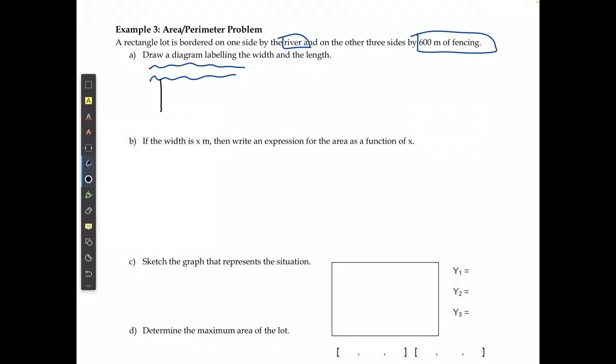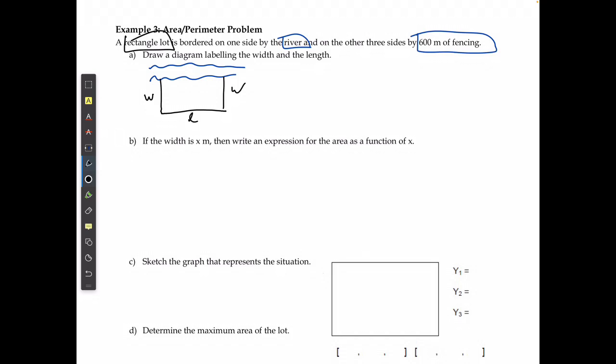I have 3 other sides, and I know that it's rectangular, and I'm going to say that this is my width, this is my width, and this is my length.